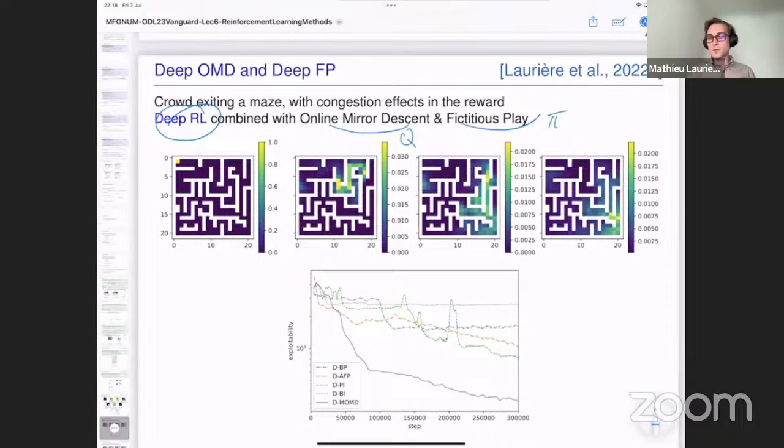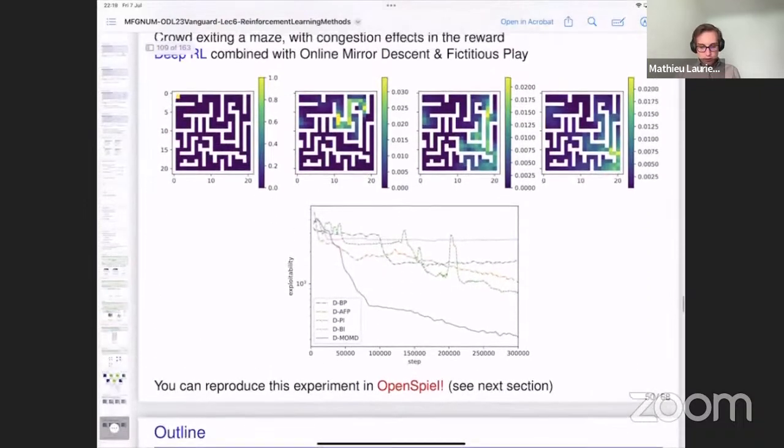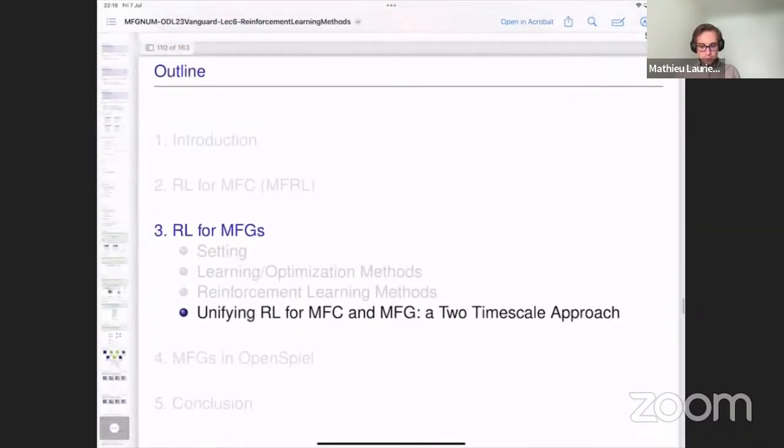And each of these can be done using deep reinforcement learning. For example, this can be done using DQN, and this can be done using other algorithms to compute the policy, or DQN as well, in fact, and then you get the policy from here. And that same thing, this one is in OpenSpiel.